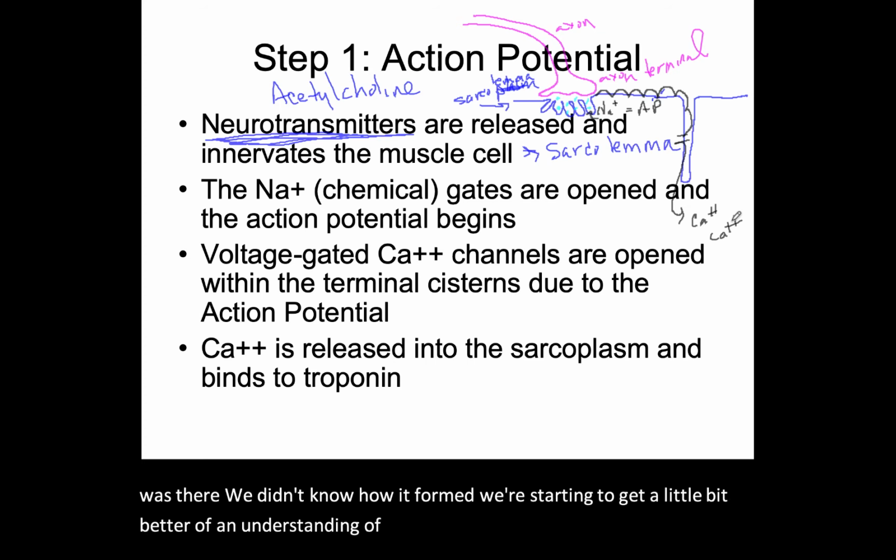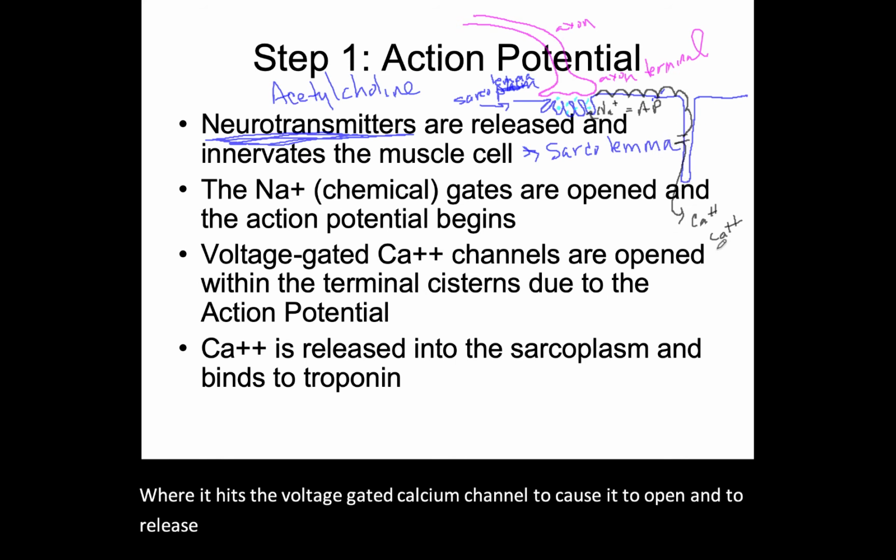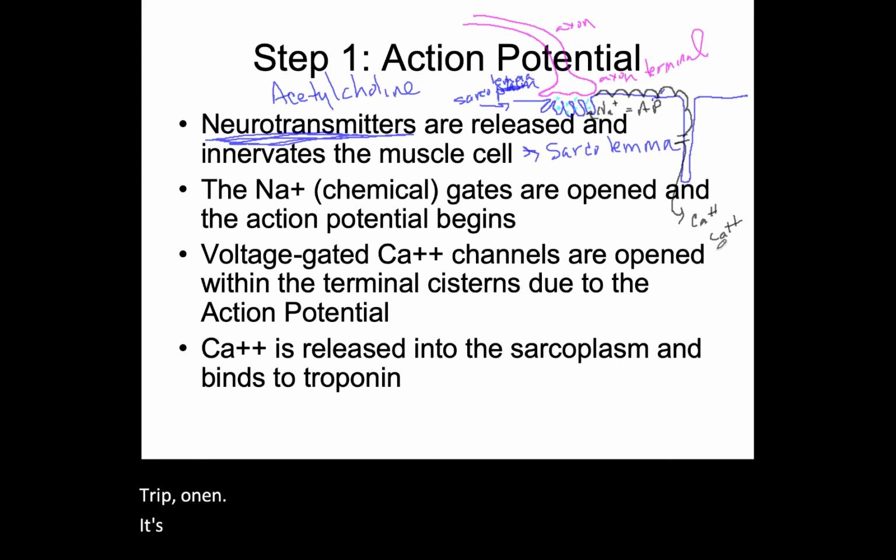That action potential is traveling down the sarcolemma into the T-tubule, where it hits the voltage-gated calcium channel to cause it to open and to release that calcium. Calcium in the sarcoplasm is then going to bind to troponin.